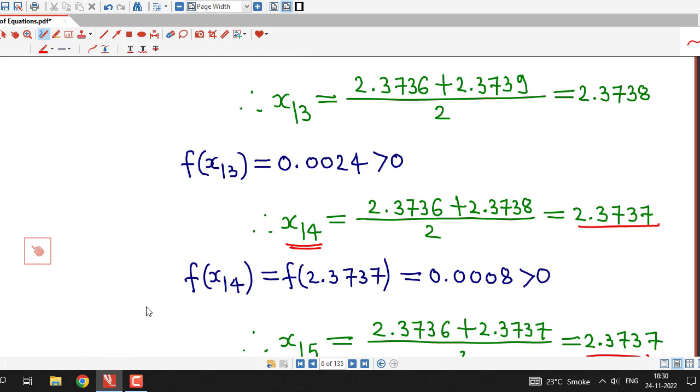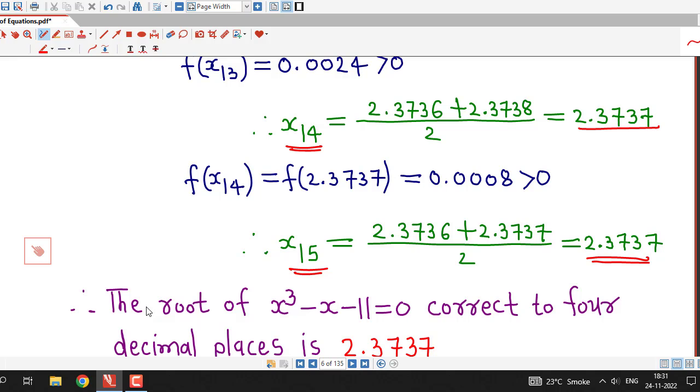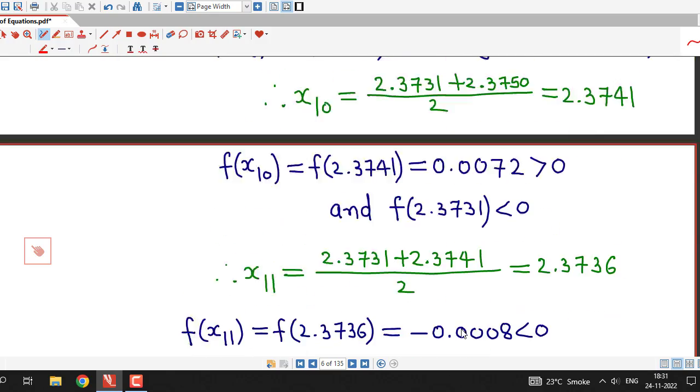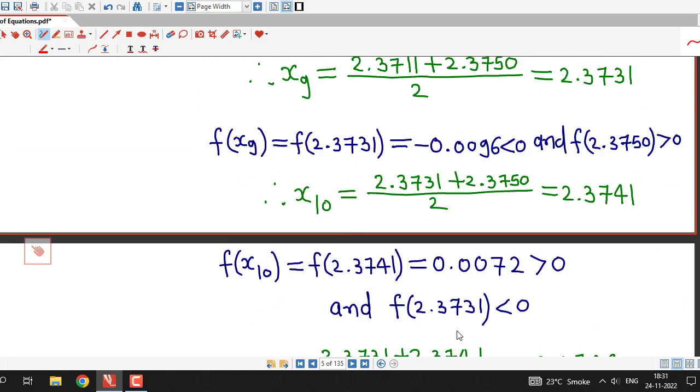So you have to continue this process up to the 15th approximation, and you will find that x14 and x15 agree up to 4 decimal places. So therefore the root of the given equation correct up to 4 decimal places is 2.3737. So you have to continue in this way every time.